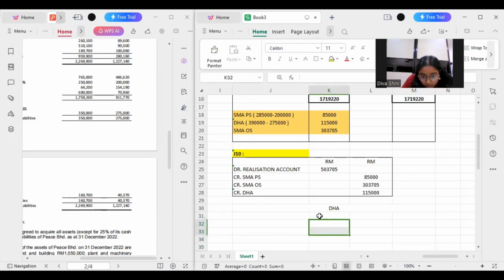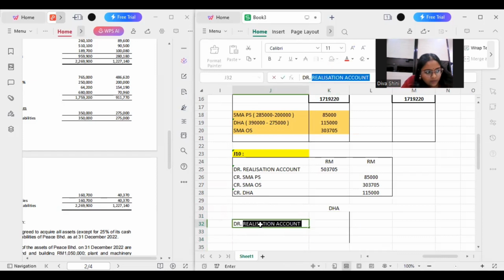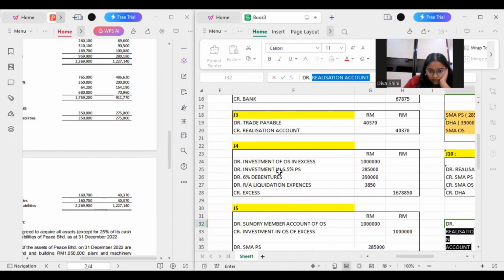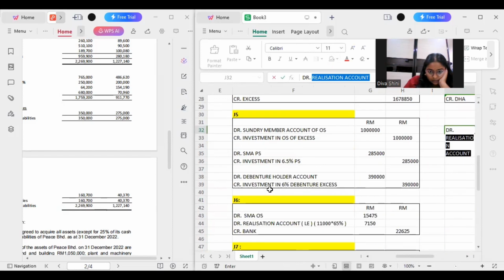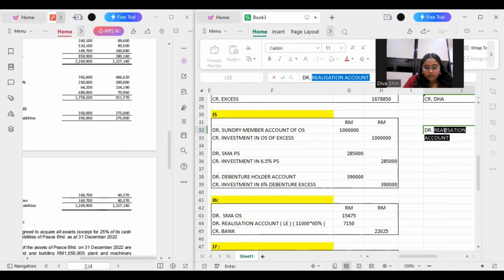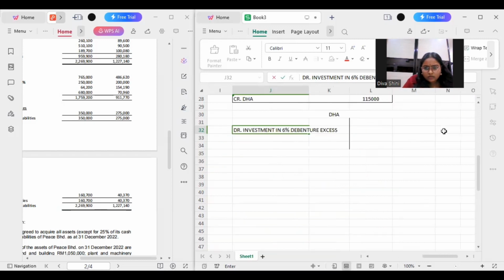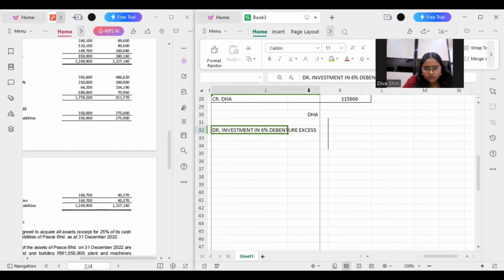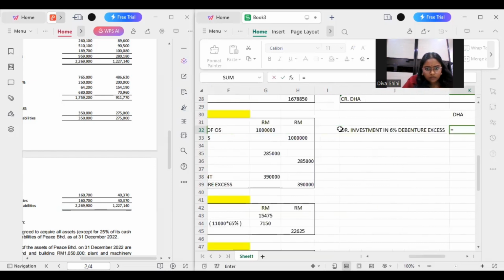First for the debit side, we need to put the amount that we get in here. Investment in 6% debenture, the investment in excess. The amount is also seen from here.